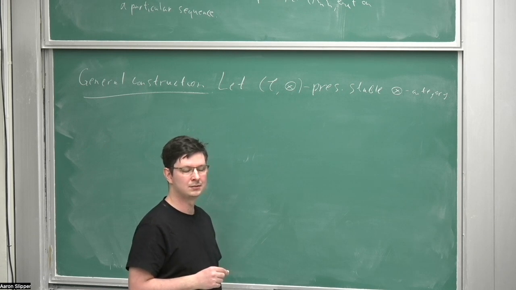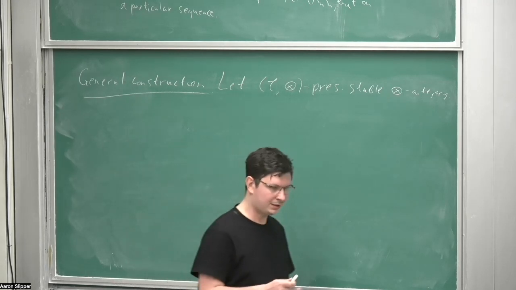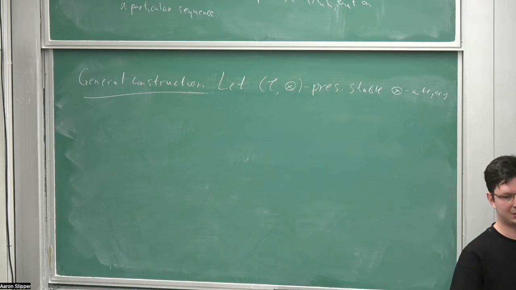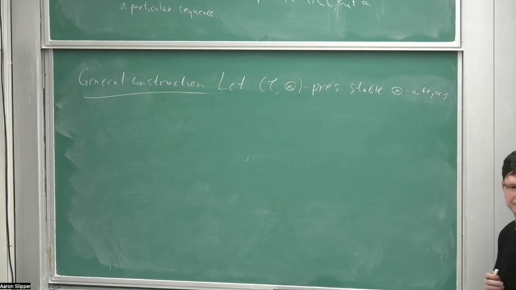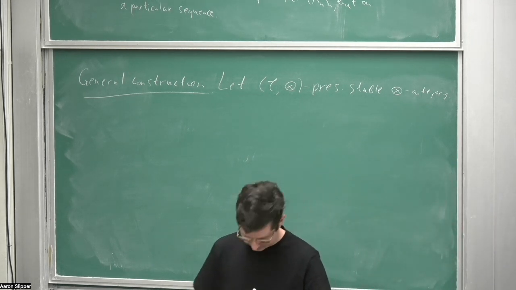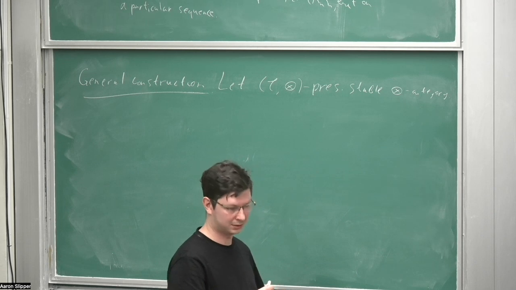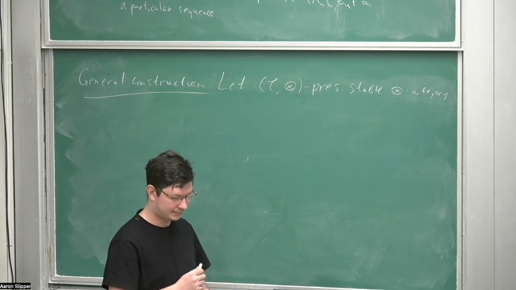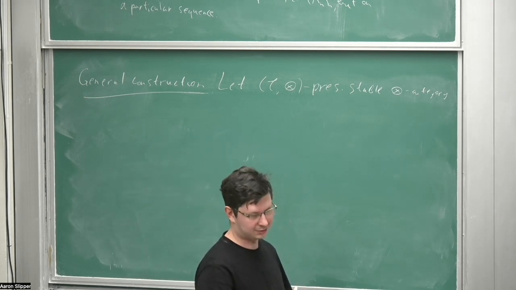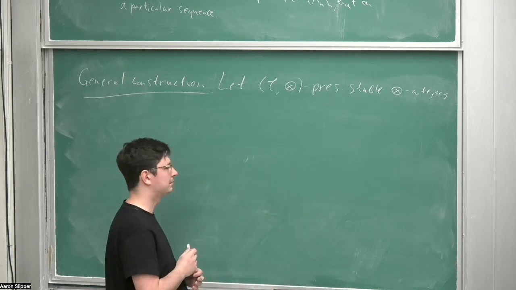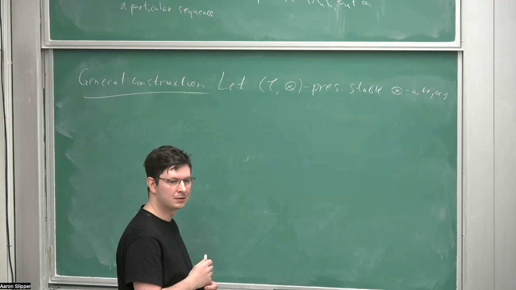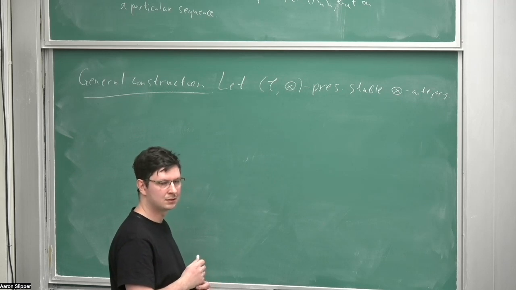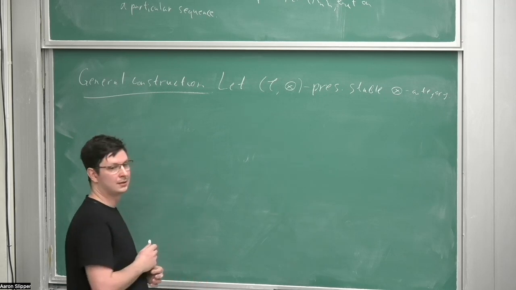So in this world of presentable stable categories, there is a notion of monoids, let's say algebras, and it's a symmetric one.